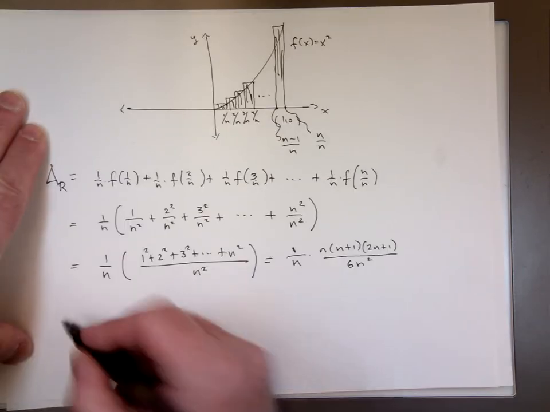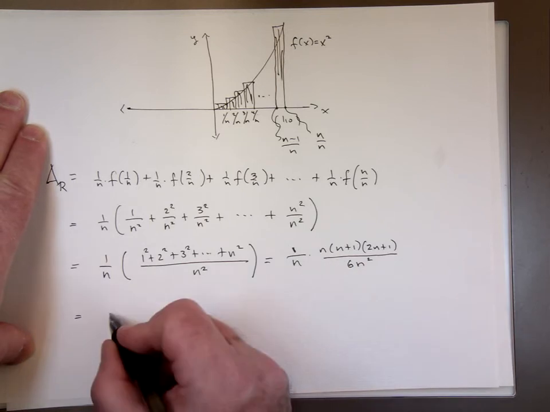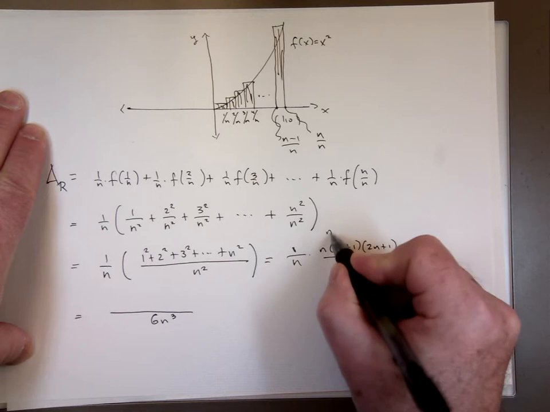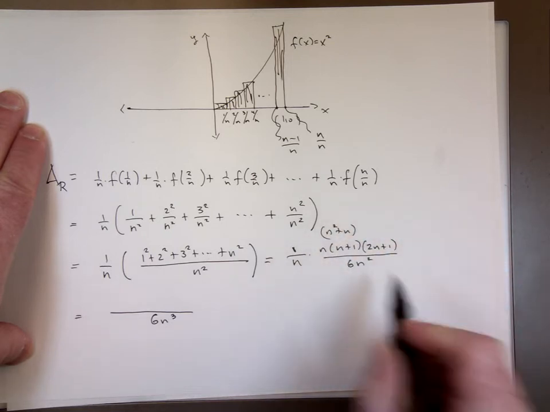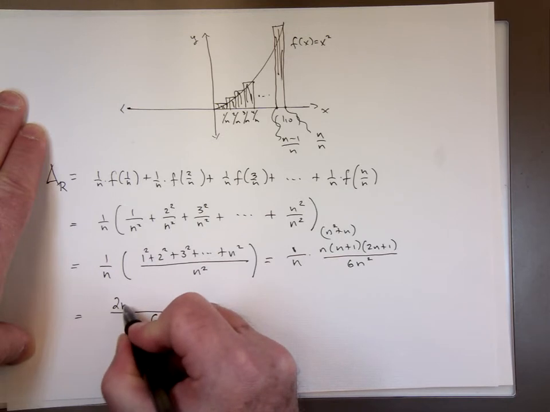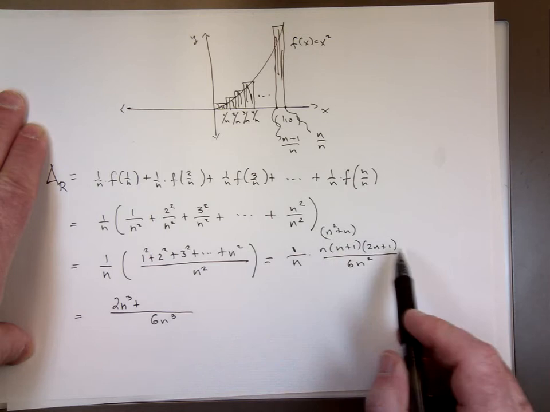All right, I'm going to multiply it out again. So I get 6n cubed down here. Up here, I'm going to have n squared plus n, and I'm going to multiply by 2n plus 1. I'm going to have 2n cubed plus n squared plus n squared.